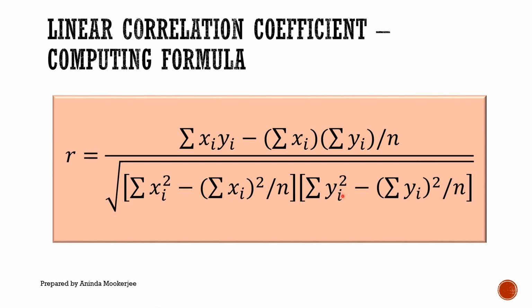All right, so we're going to work on a problem to use the computing formula as well. Now, let's go into a summary of the two formulas, and then we will go into a calculation using the computing formula.